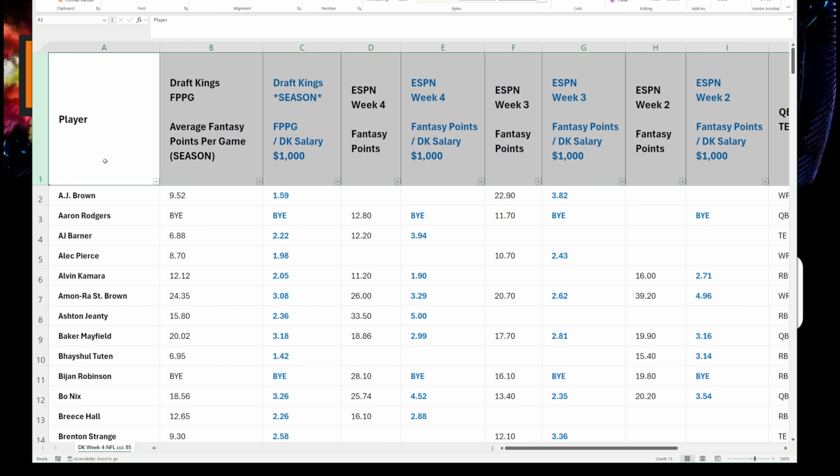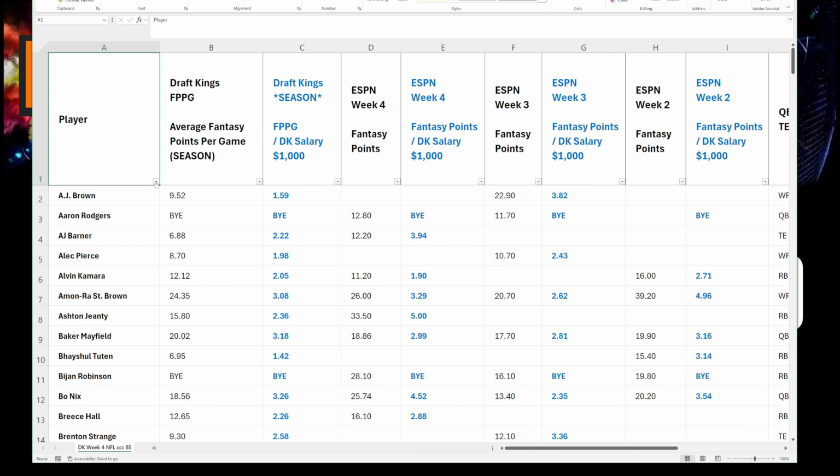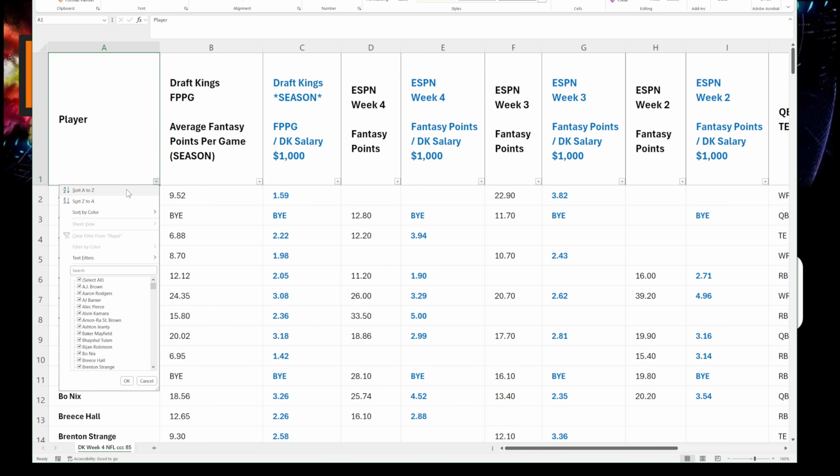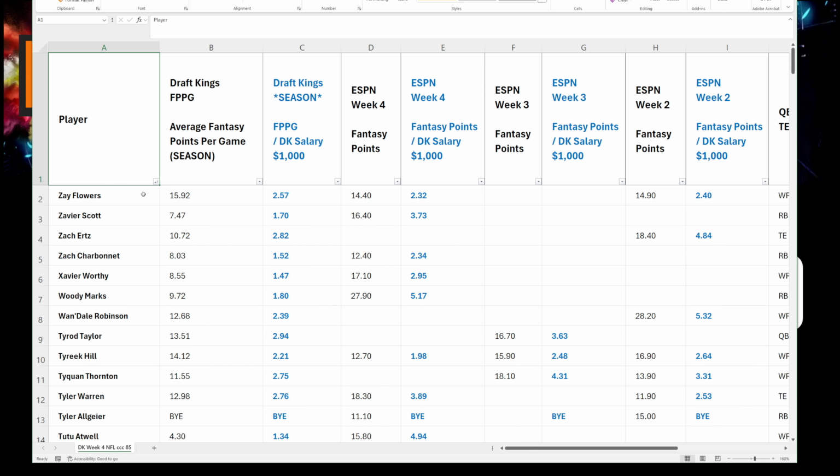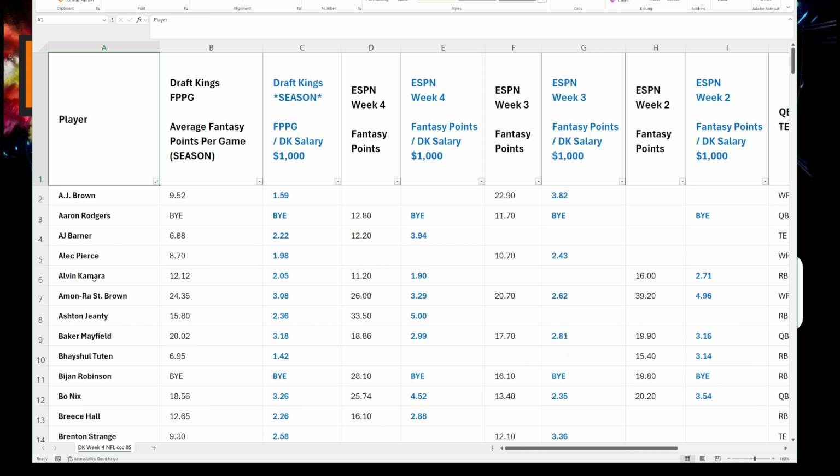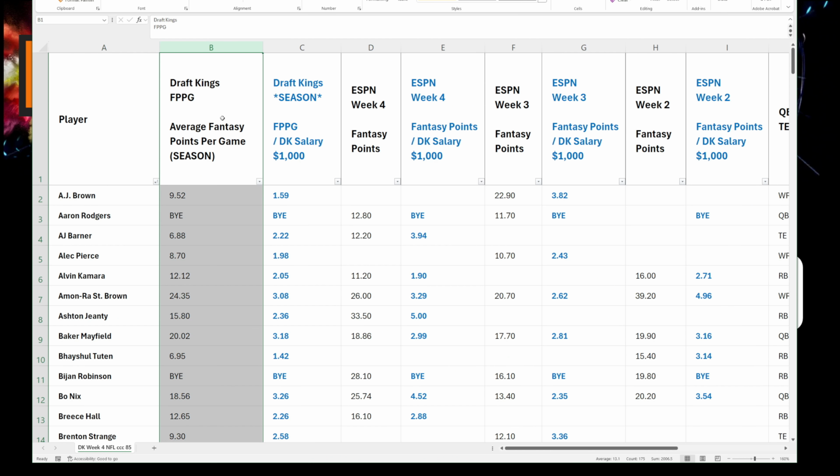Also in the top row, if you look in the bottom right corner of each box, there is a little button with an arrow. What this button does is allows you to sort. So you can sort alphabetically. Now here, let's say I want to see who has the highest fantasy points production.